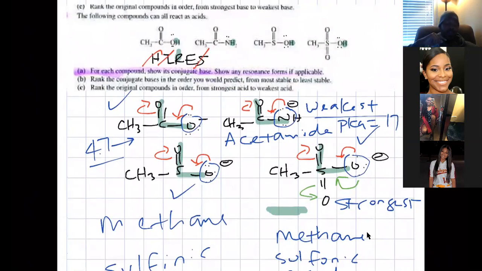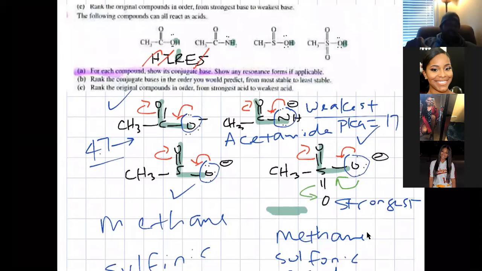I don't think it's the symmetry, because if you really drew it out, it's actually bent. It's actually not linear like that. I think it's more the fact that the negative charge on oxygen, you can delocalize it more than one way. Your acidity is always going to come down to how stable the conjugate base is.